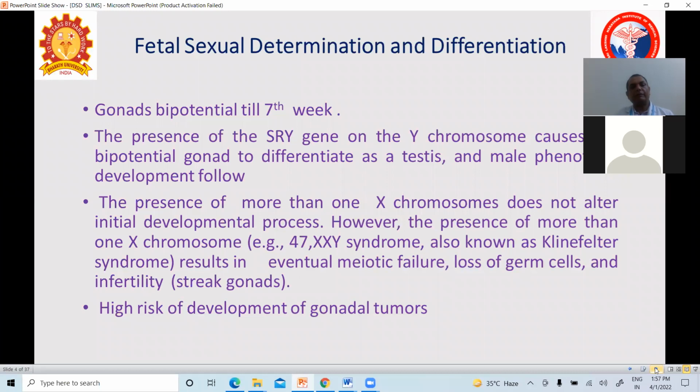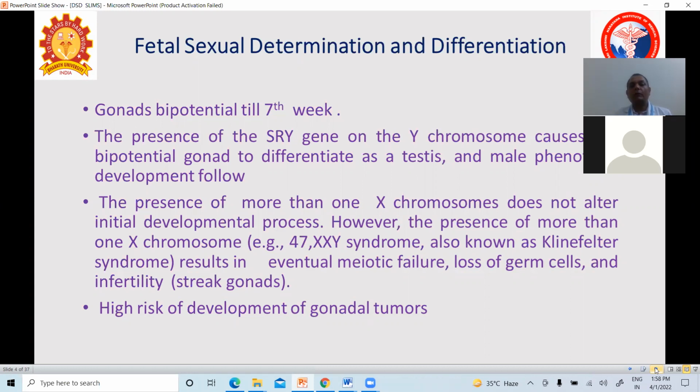This differentiation starts at the 7th week. Till the 9th week, although differentiation has started, you are not able to differentiate whether this embryo is male or female. After 9 weeks, this differentiation is almost complete, and you can make out that it is male or female.